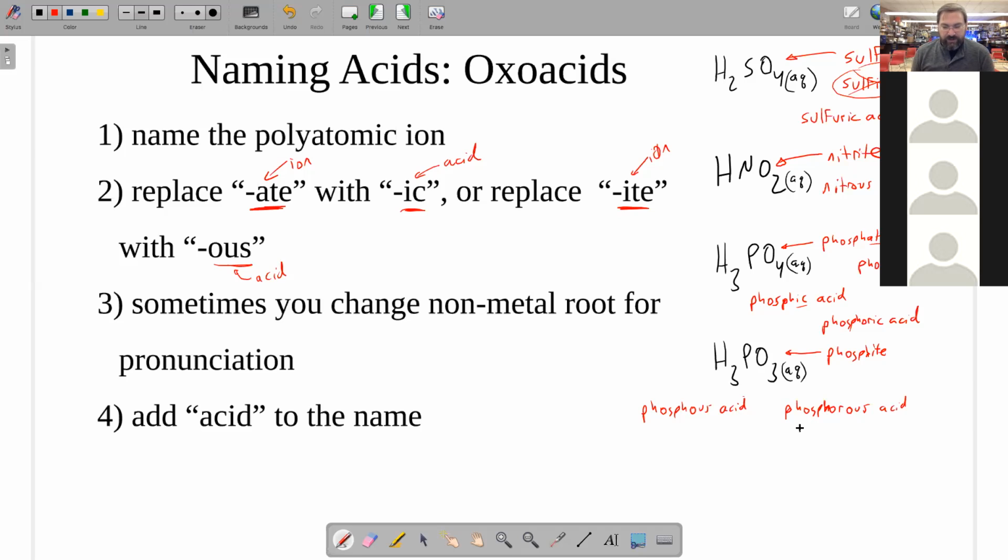And it's kind of unusual that the element name is phosphorus and the name of the acid is also phosphorous, but instead of the anion ending with ite, it's phosphorous acid. If this were to be a binary acid with phosphorus, the name would begin with hydro and it would end with ic.